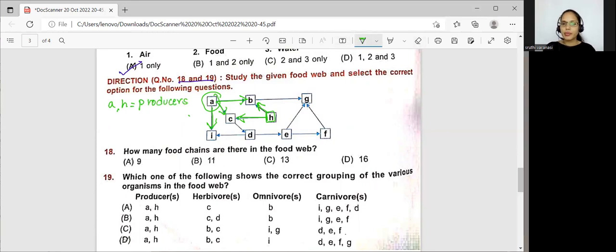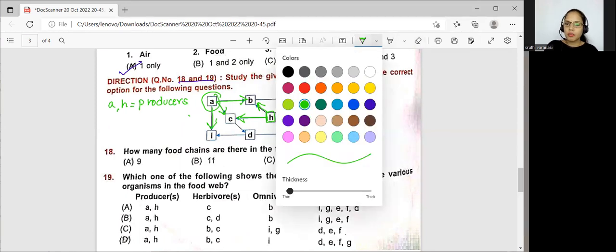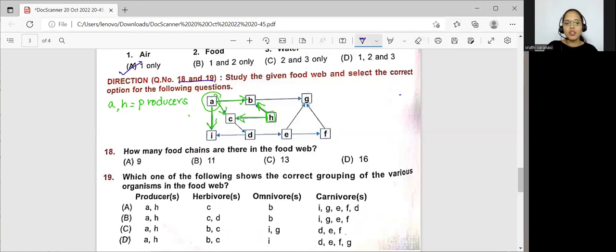Now, students, let's talk about one more important thing. Producers are eaten by B, so B can be a herbivore. C is also eating A and H, so C is also a herbivore.